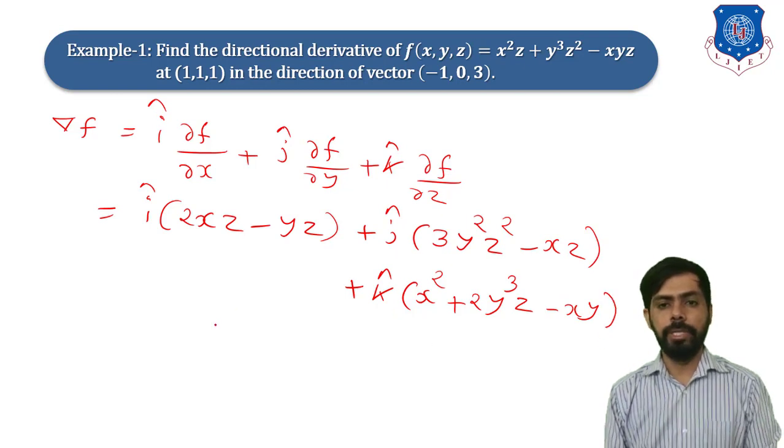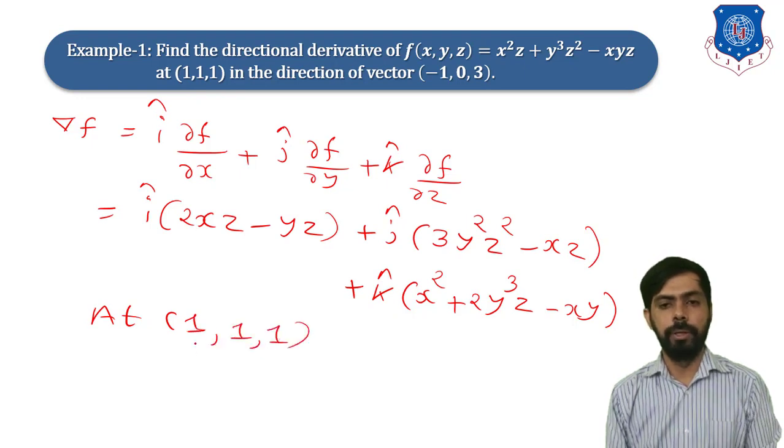Now as we have to find the directional derivative at the point 1, 1, 1, for that purpose we will find the value of grad f at the point 1, 1, 1. Here we will replace x by 1, y by 1 and z by 1.